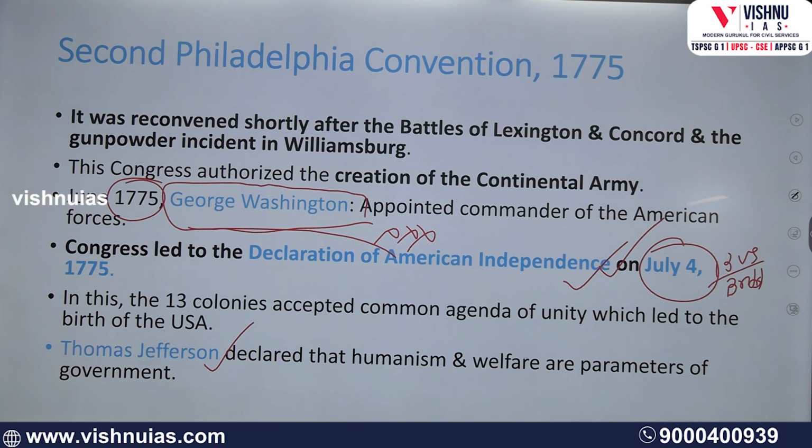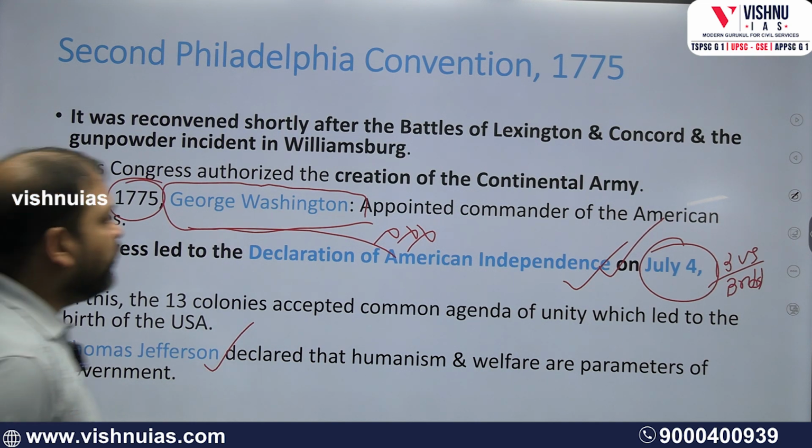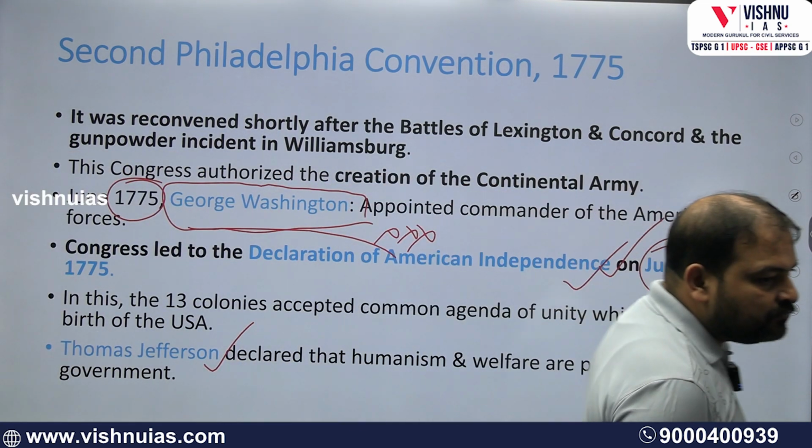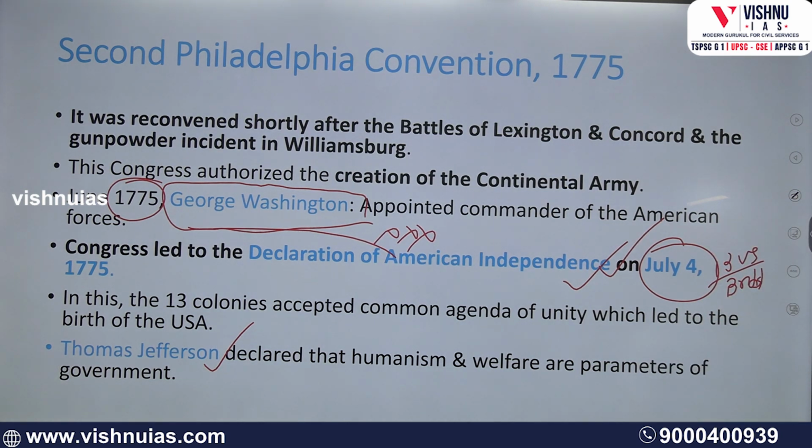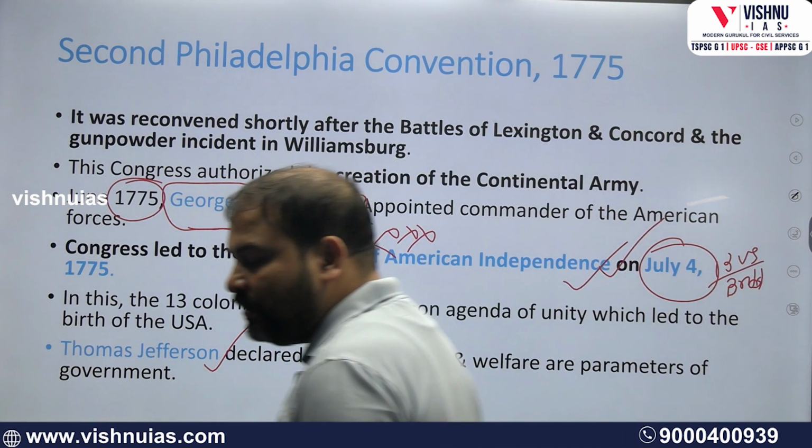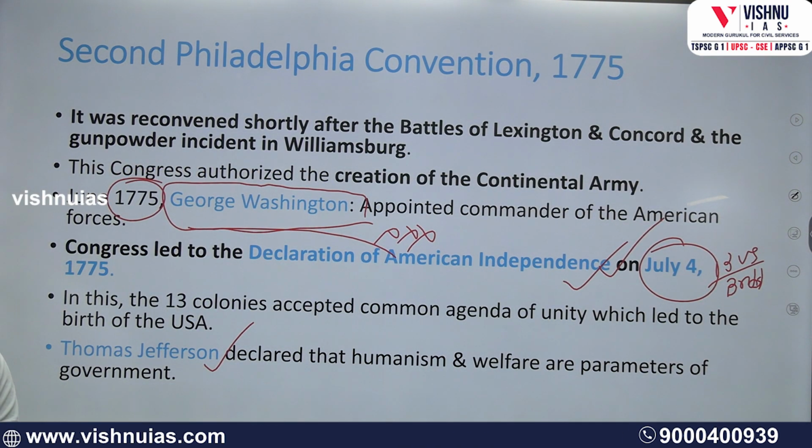George Washington, appointed commander, because you should know which Philadelphia Conference has done what. George Washington declared commander of the American forces. 4th July 1775 to be celebrated as Independence Day.